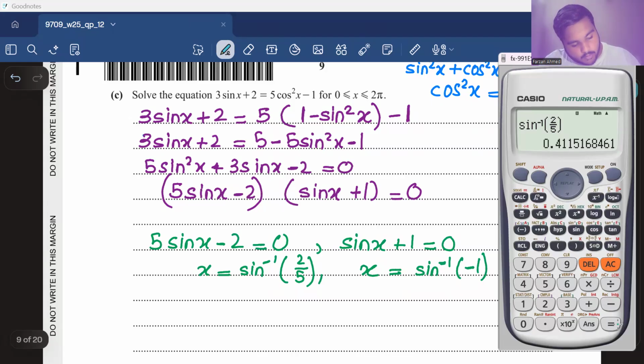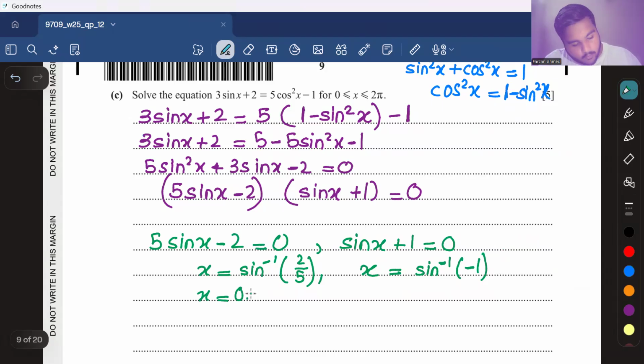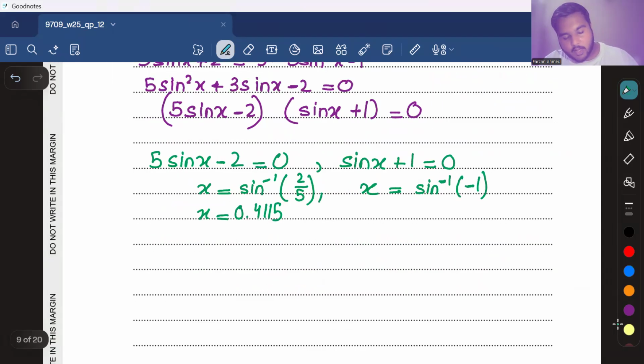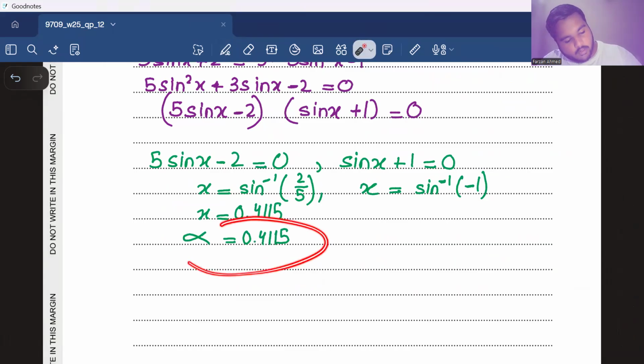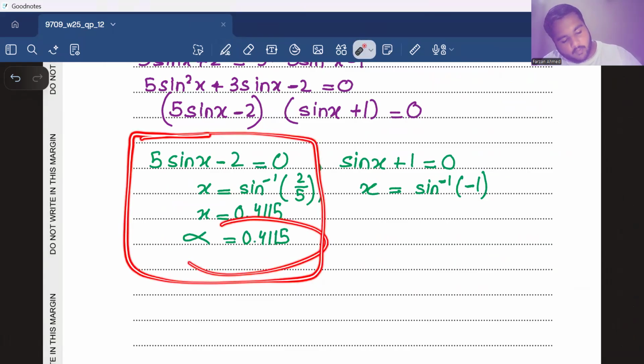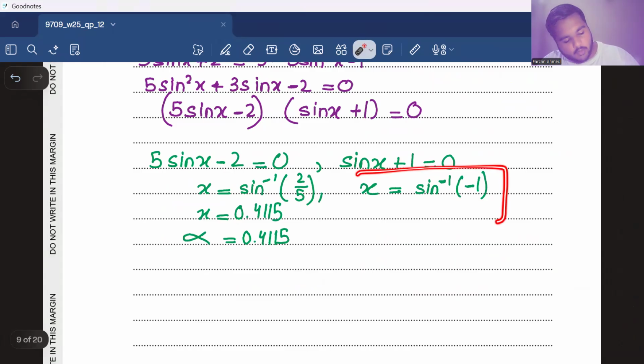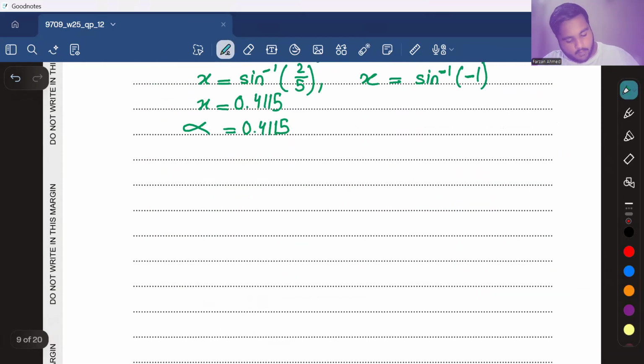So x is equal to 0.4115. So the alpha will be 0.411. We will solve this with a graph, and this will be solved with trial and error. First I'm solving this, then I will solve this. So we'll make the graph.